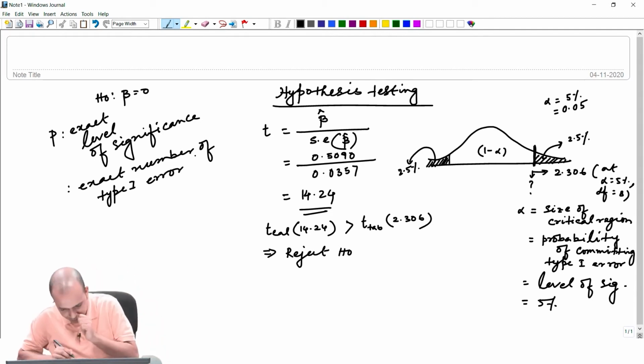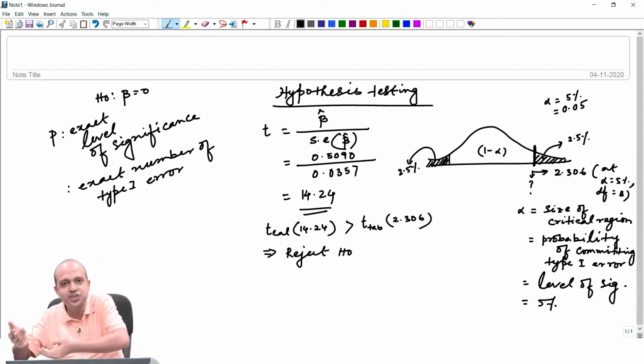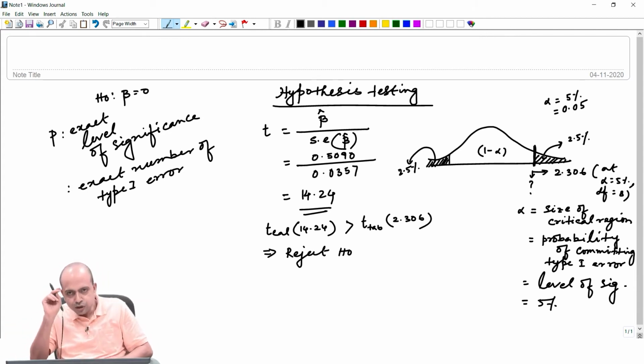Now, why is this P required? As I said, this t is telling that this is significant at 5%, but I do not know whether it is significant at 1% level also. I need to again check the value of t at 1% level and then decide. But if you take P, since this is called exact level of significance, I exactly know the size of the critical region.